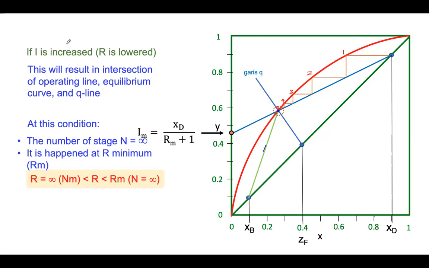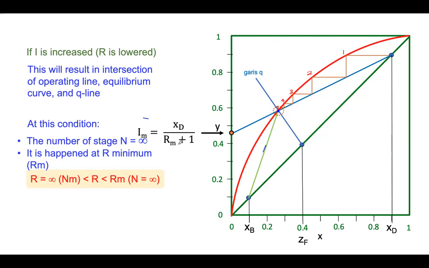So that means if the intercept is increased, and then R is lowered, this will result in an intersection of the operating line, equilibrium curve, and Q line. At this condition, the intercept is at its minimum, equal to XD divided by RM plus 1.